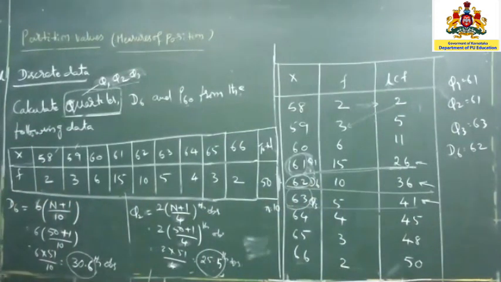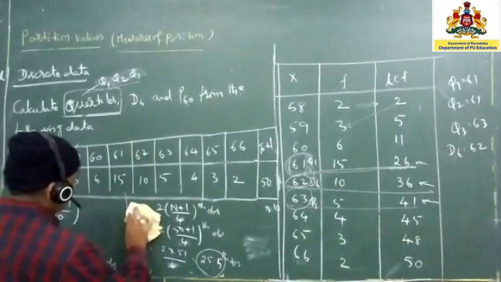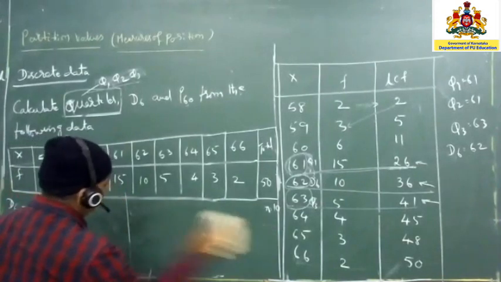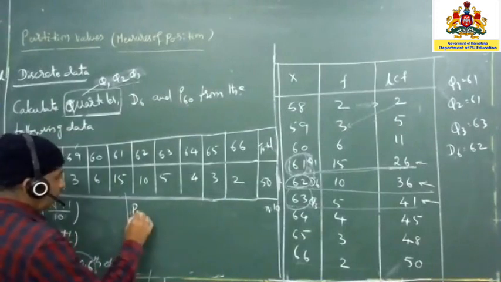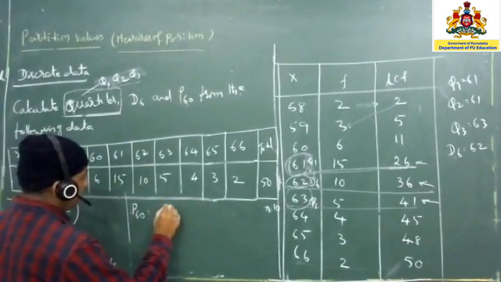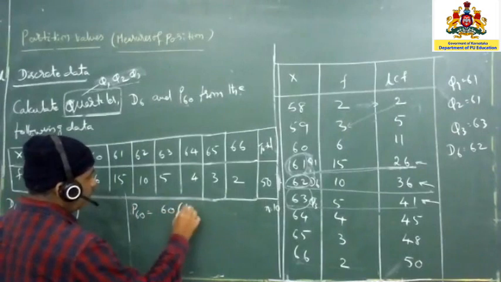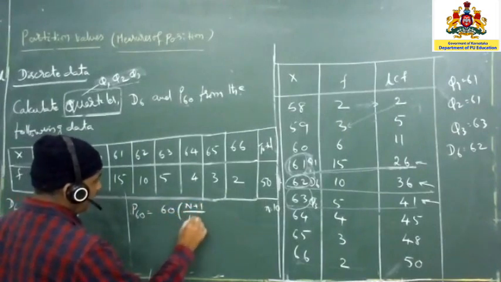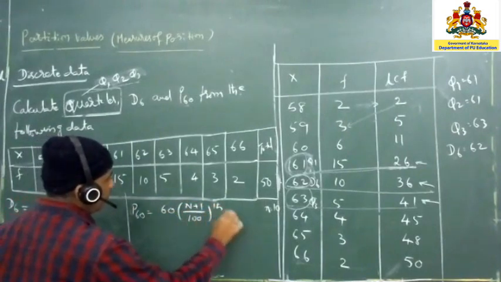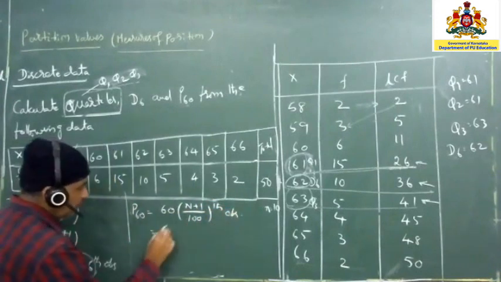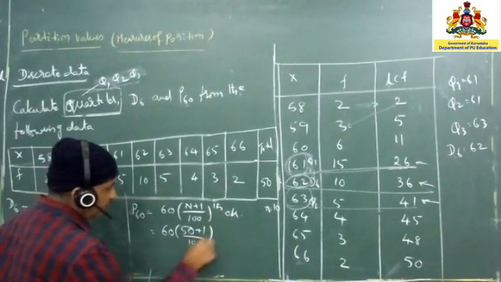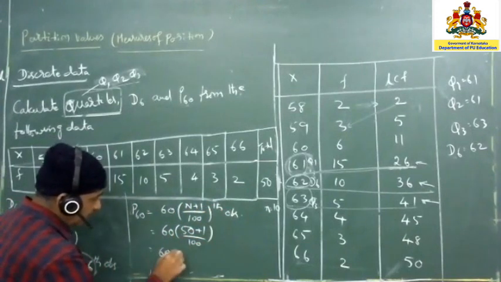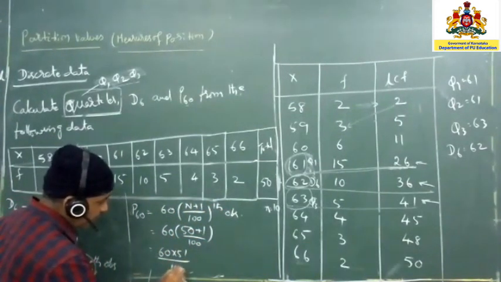Next, what is the value given? P60. Look at the difference here. P60 is nothing but 60 into capital N plus 1 divided by 100th observation. Now here 60 into 50 plus 1 divided by 100, that is equal to 60 into 51 divided by 100.